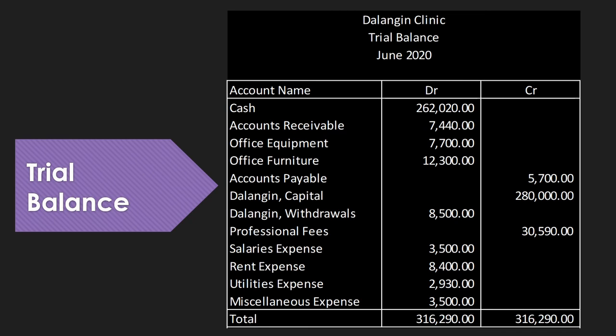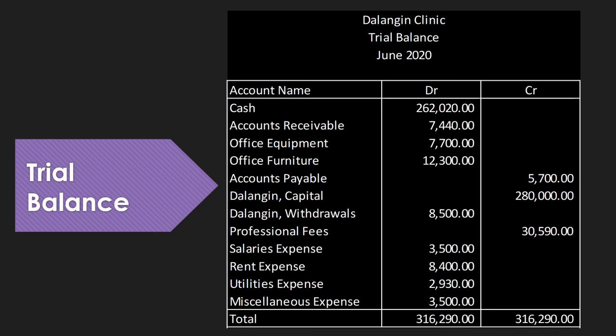So, sa trial balance, you would show the title of the company, the trial balance, what is the period. Okay, wala namang binigay na year sa problem, so I just assume June 2020. So, ilalagay mo dito yung account titles or your account names. And then, you have a debit column and a credit column. Tapos, ilalagay mo dito lahat ng account titles. Unahin mo yung assets by liquidity.